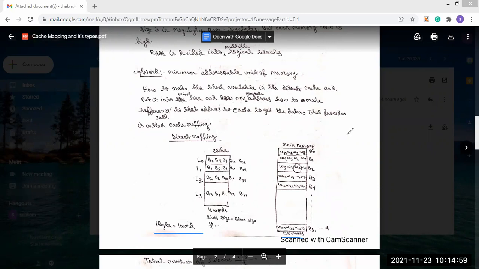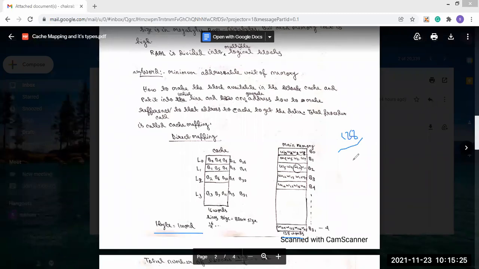So our total is 128 words, or 128 bytes, and a block can accommodate 4 words, or 4 bytes. From here we get the number of blocks available in our main memory.